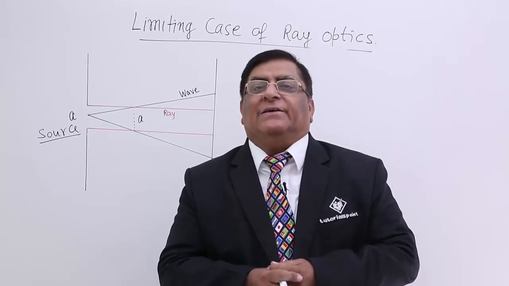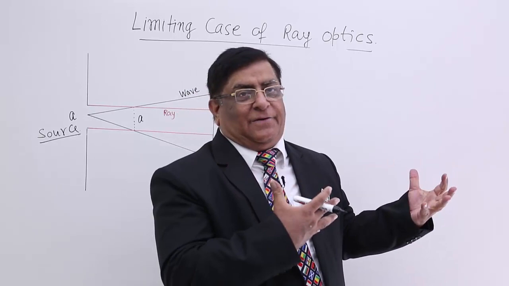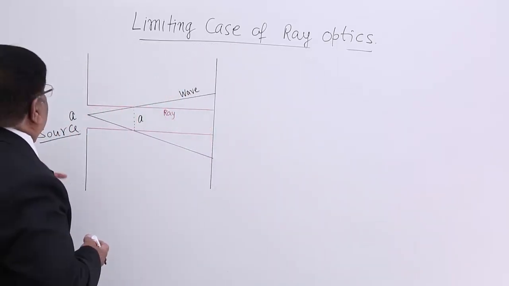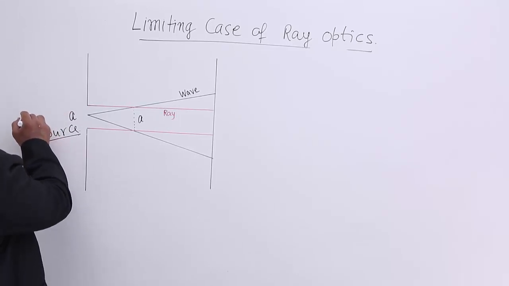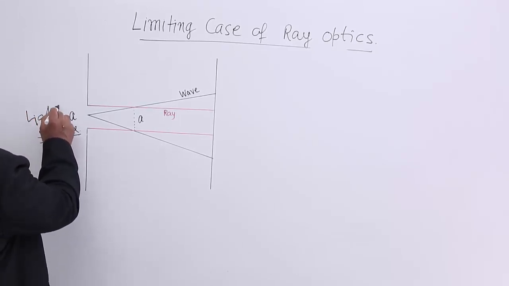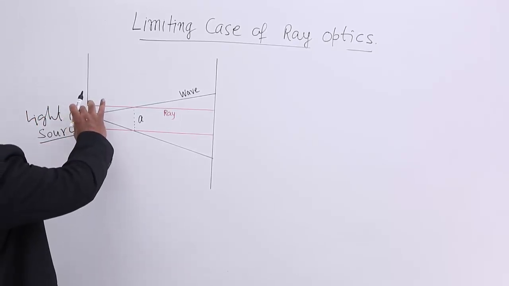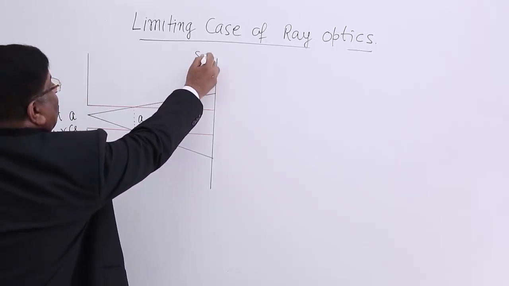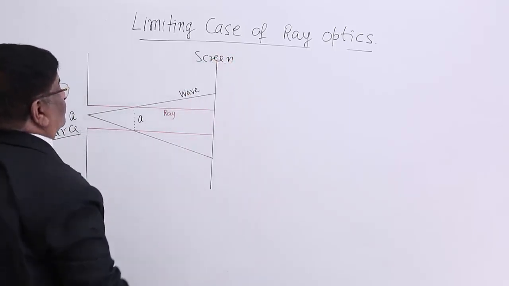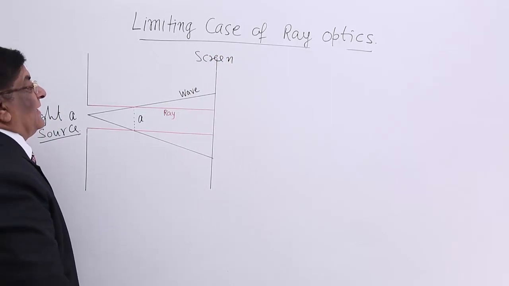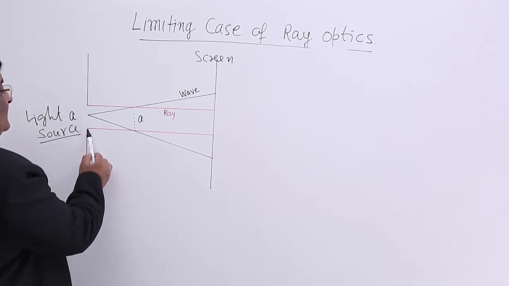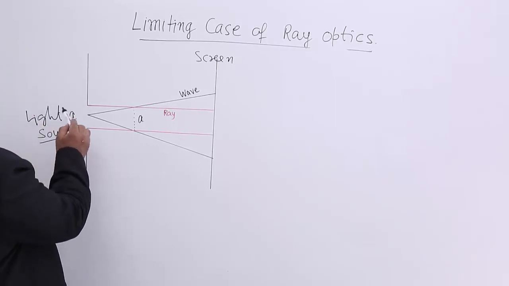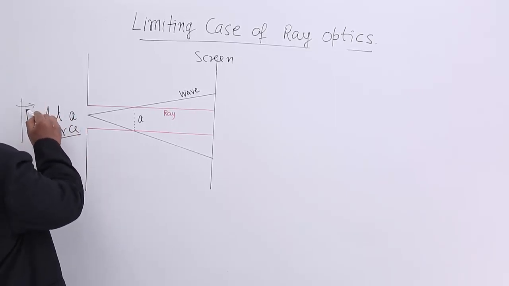Here is an example of that. This is an opening and the light source is here. This opening and this is screen. Now, if I take help of ray optics and want to see the image of this opening, the light is coming from here this way.